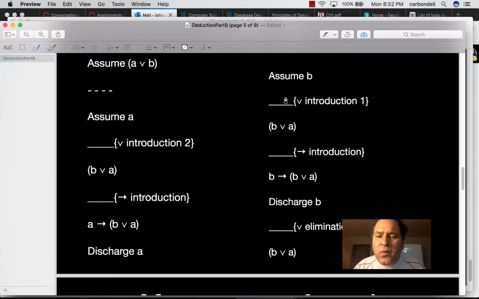B, and we're utilizing logical OR introduction 1 to state that B logical OR A is true. And then we're using implication introduction to state that B implies B logical OR A. We're discharging B, which again is a requirement of the implication introduction theorem.